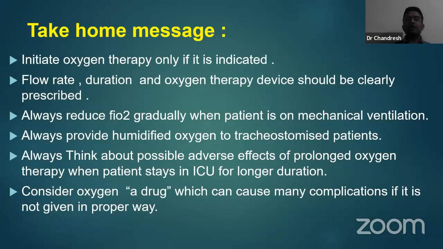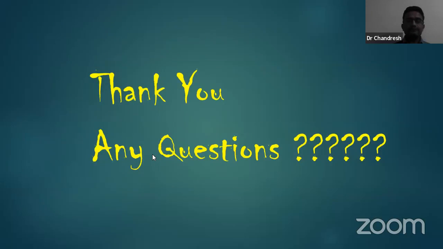So humidification is a very important aspect to take care of. Always think about possible adverse effects of prolonged oxygen therapy when a patient stays in the ICU for a longer duration, and consider oxygen as a drug which can cause many complications if it is not given in a proper way. Thank you. Next. Any questions?